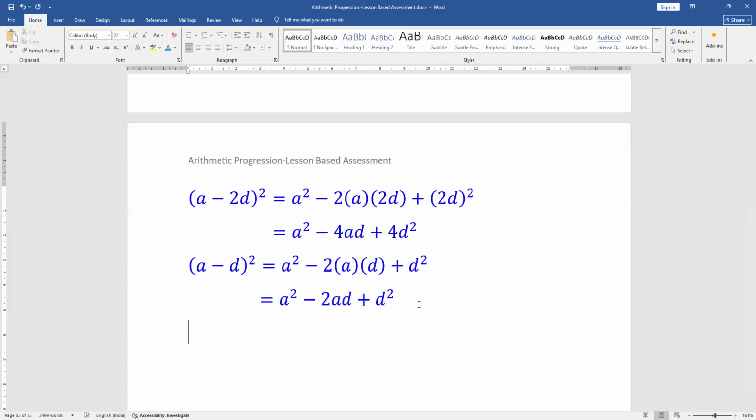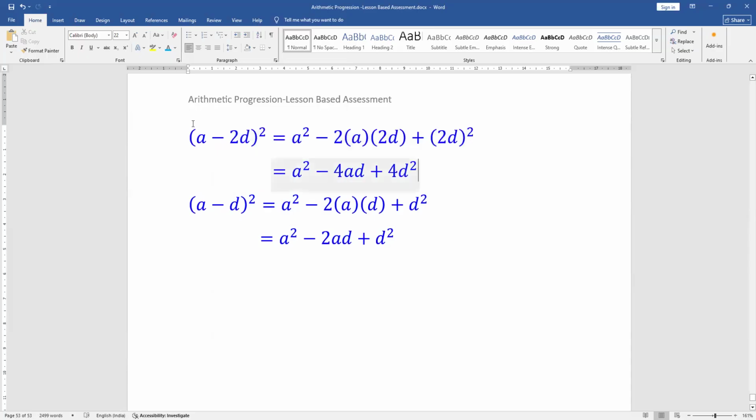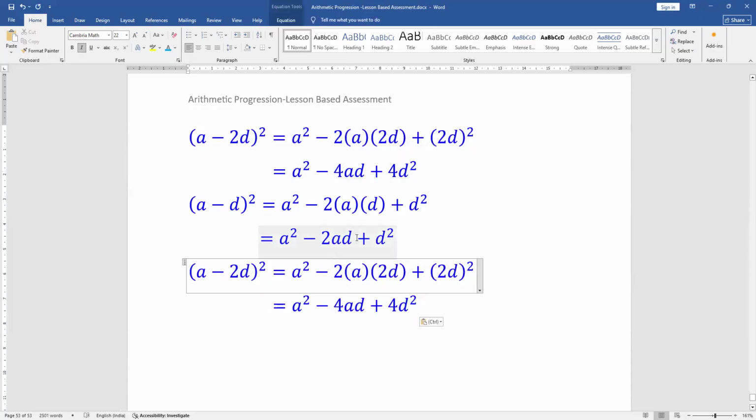Then the next part, so now instead of minus we have plus, correct? So we are going to write the same thing, and just change the sign. Okay, let me show you how I'm doing. I'm using a computer, so that's the reason I don't have that much difficulty. But when you're writing, just change the sign. So if we change minus to plus, we get (a plus d) whole square.